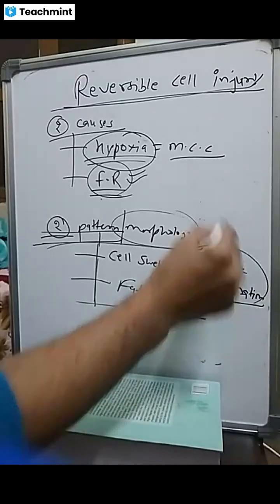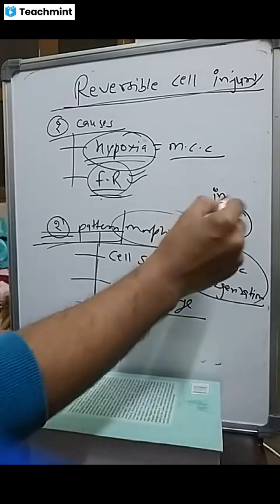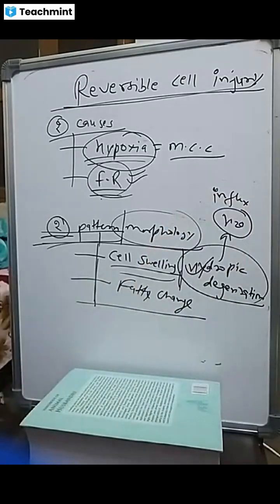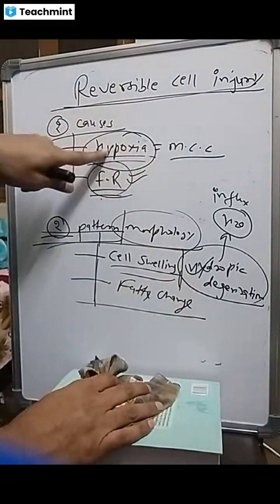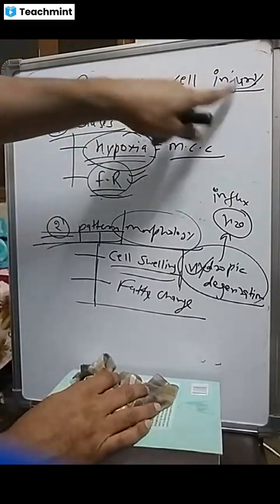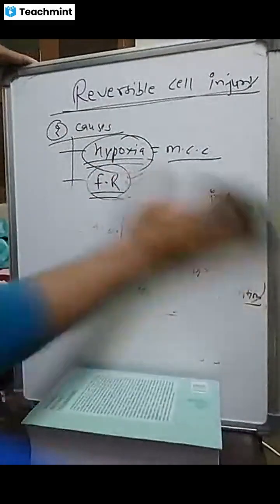Hydropic means water influx, due to which the cell is swelling. So we'll start with hypoxia and see what happens in reversible injury, then go for free radical injury.